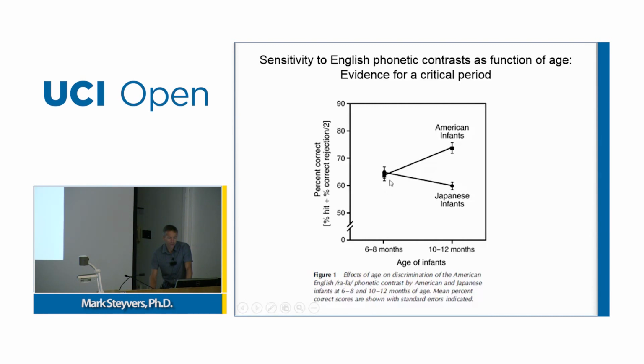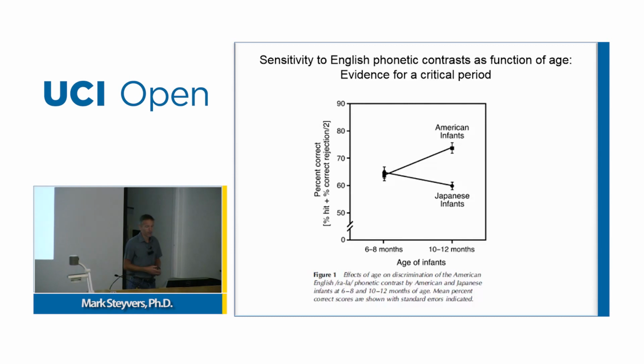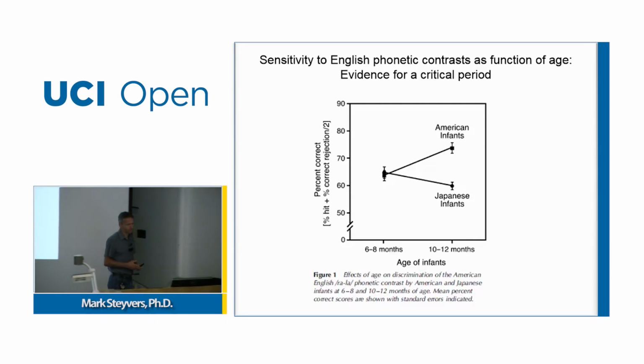So she, in her research, looked at infants at various ages, from 6 to 8 months of age to 10 to 12 months of age. And she found that in English phonetic contrast, like ra versus la, that's meaningful in English, less meaningful in Japanese infants, that around 6 to 8 months of age, American infants as well as Japanese infants, they're about equally good in terms of discriminating between these phonemes.